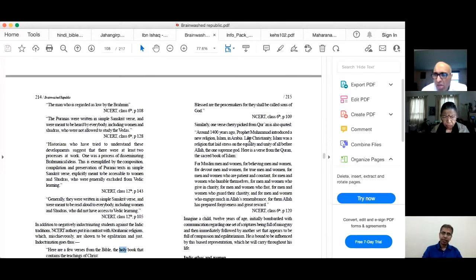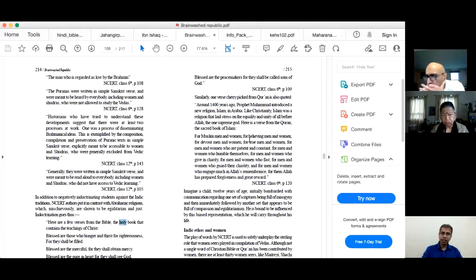And then, in that same class 6 textbook, around 1400 years ago, Prophet Muhammad introduced a new religion, Islam, in Arabia. Like Christianity, Islam was a religion that laid stress on the equality and unity of all before Allah, the one supreme God. Here is a verse from the Quran, the sacred book of Islam.